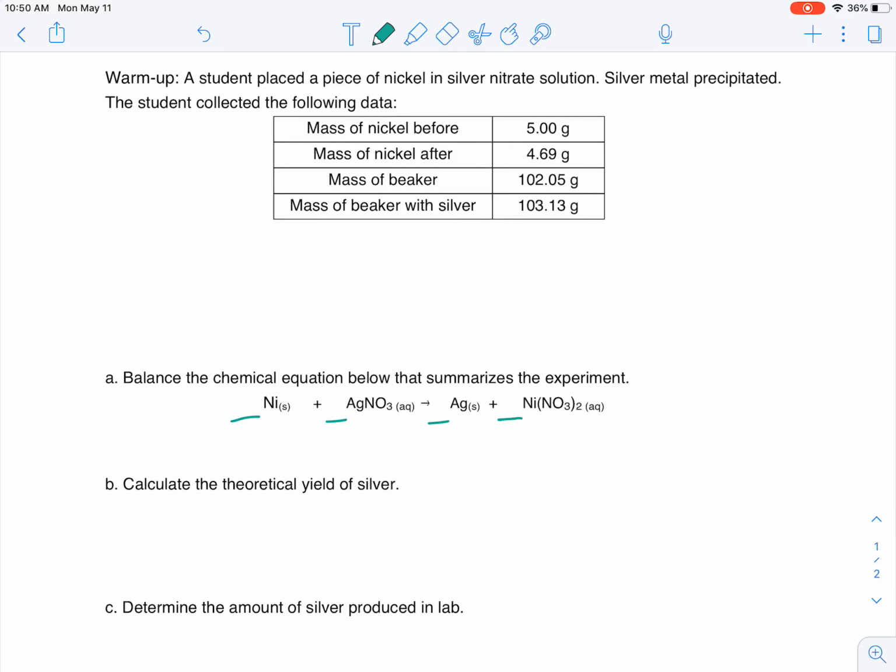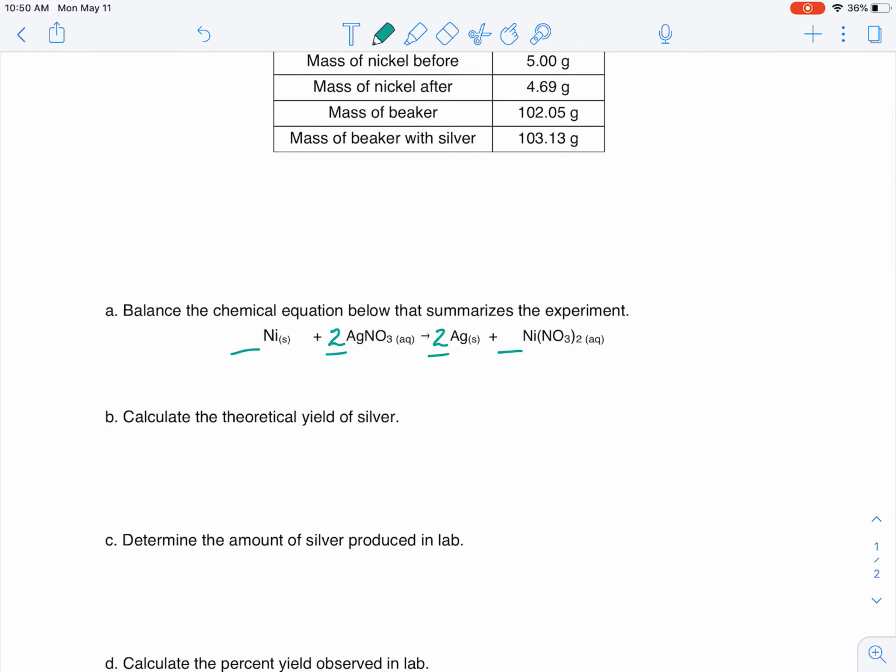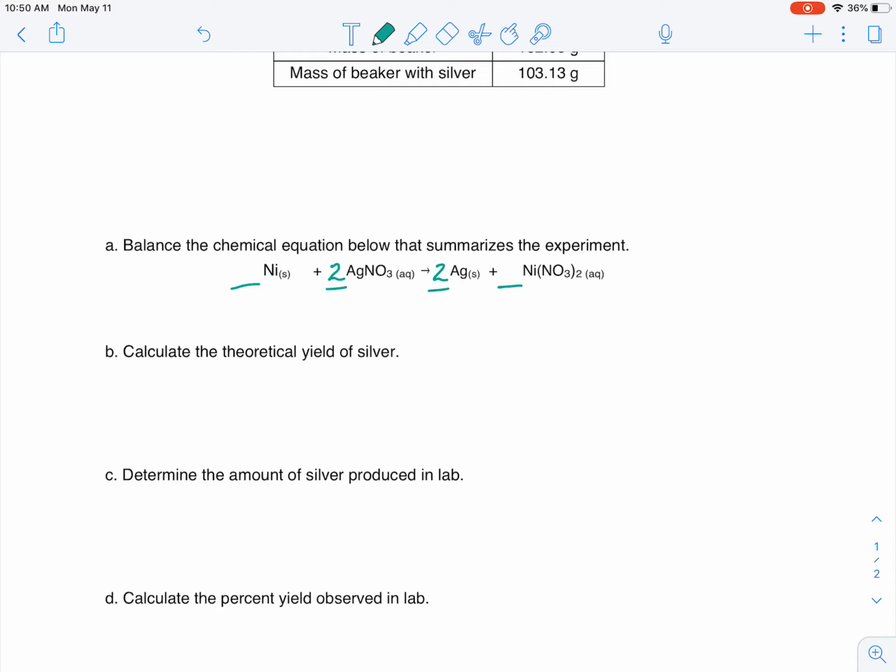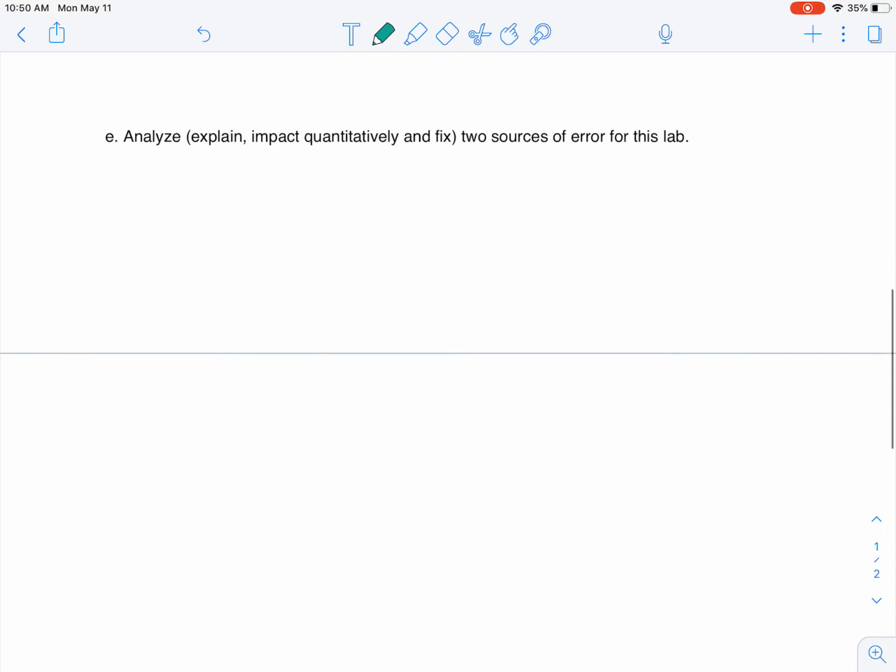You would need to account for the 2 nitrates in the products by putting a 2 in front of your silver nitrate, which means you have to account for that in the products by putting a 2 in front of the silver, right? I'm going to do this on the next page, hopefully.